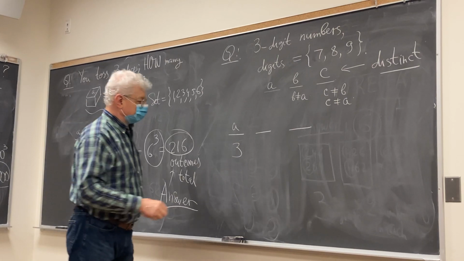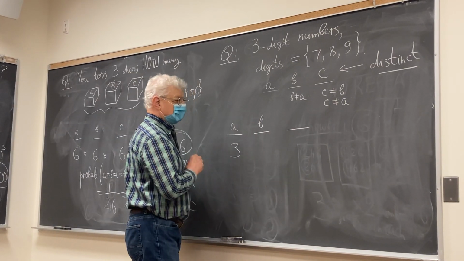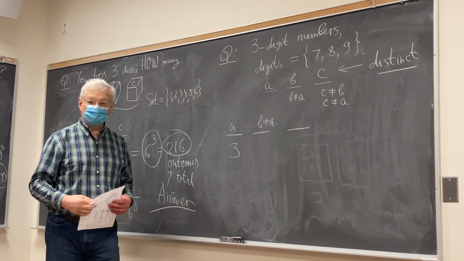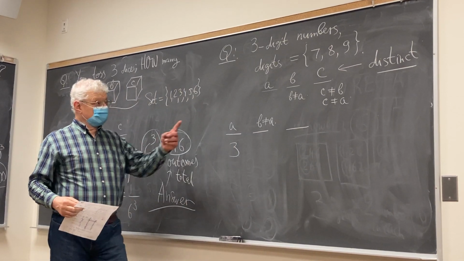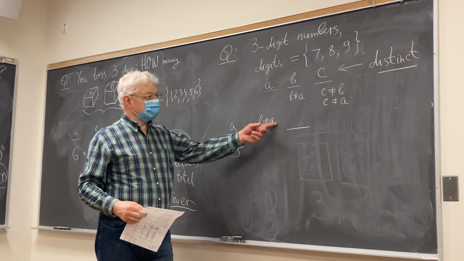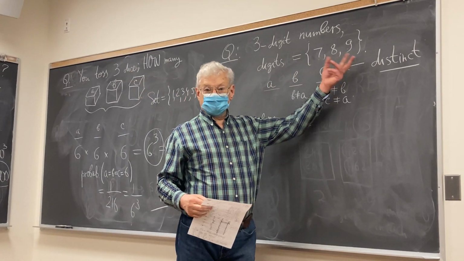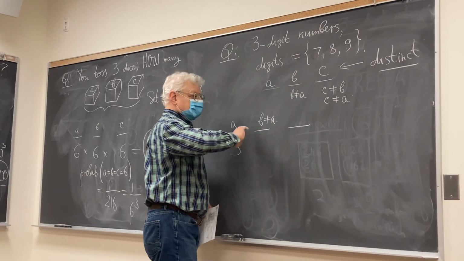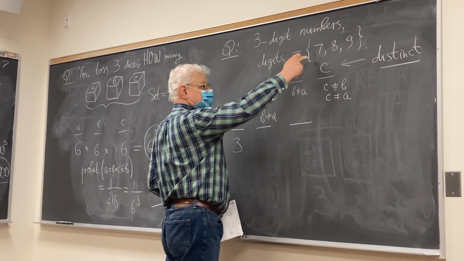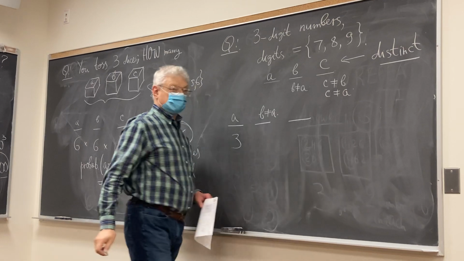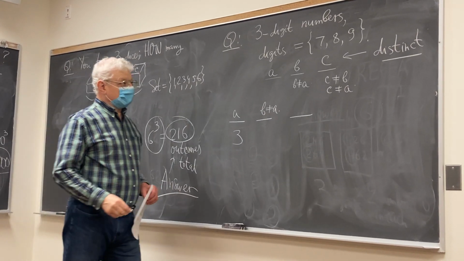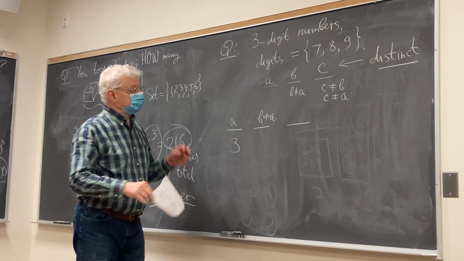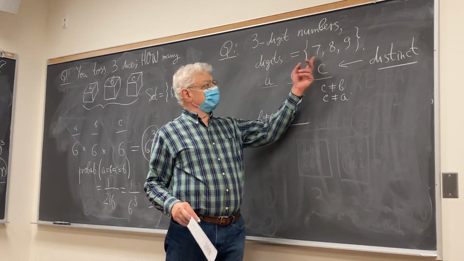Now after that you choose B. B is not equal to A. But we don't know what we have chosen. If we choose 7, then B is not 7, but could be 8 and 9. 2 possibilities. If we choose 8, then B cannot be 8, but 7 and 9 could be taken. Again 2 possibilities. And if we choose 9, then we have 7 and 8.